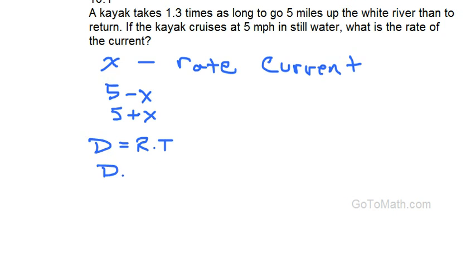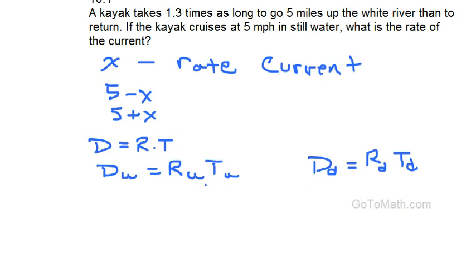So we got the distance upstream is equal to the rate upstream times the time upstream. And the distance downstream is equal to the rate downstream times the time downstream.